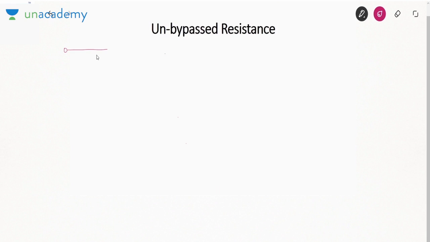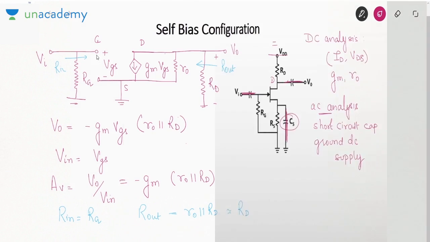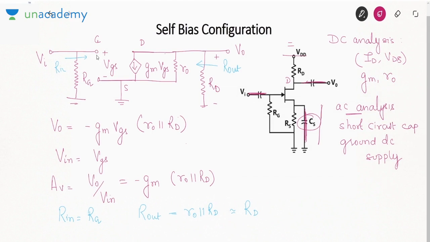Now see, this is the input voltage. Between input voltage and ground, there is a resistance RG. This is your gate terminal. Between gate and source, we have VGS. Now between source and ground, there will be resistance RS. See, earlier this RS was short circuited by this capacitor, but now between source and ground there will be a resistance RS.